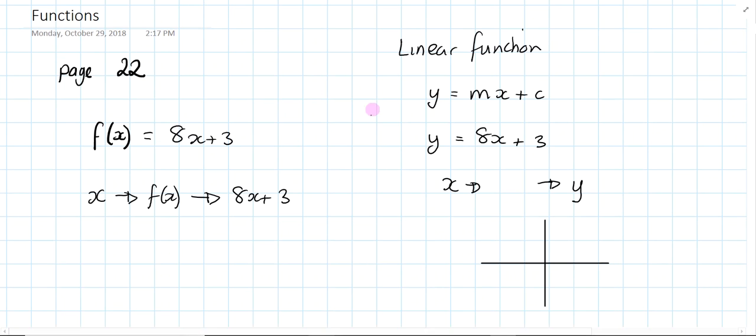That's the x and that's the y, and a point there is a coordinate. The reason for having that coordinate is that those two values represent the input and the output. Now, that doesn't change when we use function notation. We still have the input, we have an output. We just don't call it y.